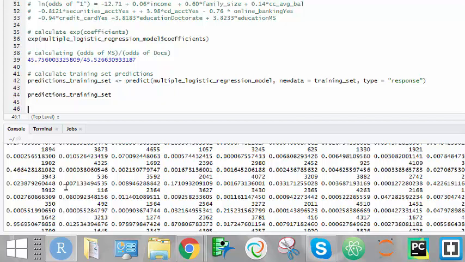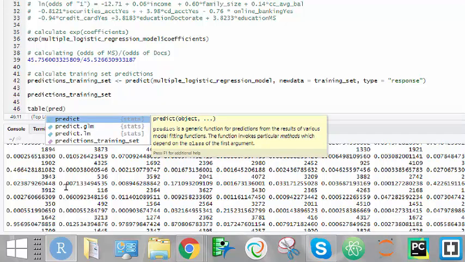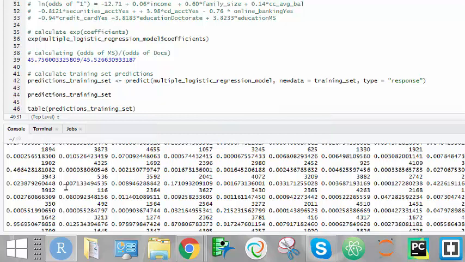Please create a table for me, and in this table, please tell me the predictions training set higher than 0.5. You see that? Higher than 0.5. Let's just run this line and see what happens.